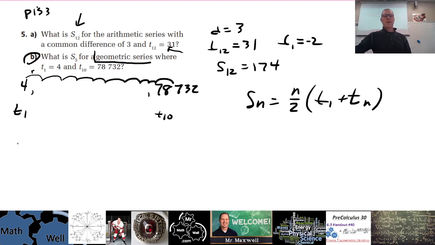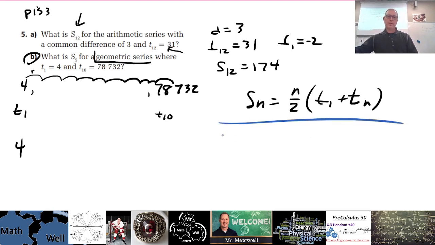Okay, so we've got 4. You could set it up like this to find out what R is, because do we need to find R for the sum? Okay, what sum formula did you use for B then? Just the same one. Okay, well, this is an arithmetic series, and this is a geometric series, so we're probably going to have a different formula.